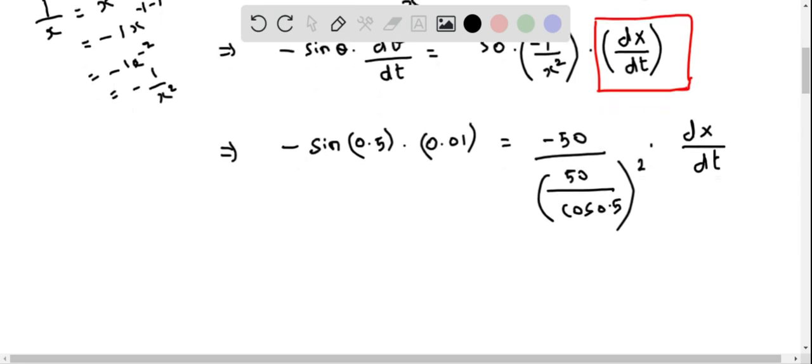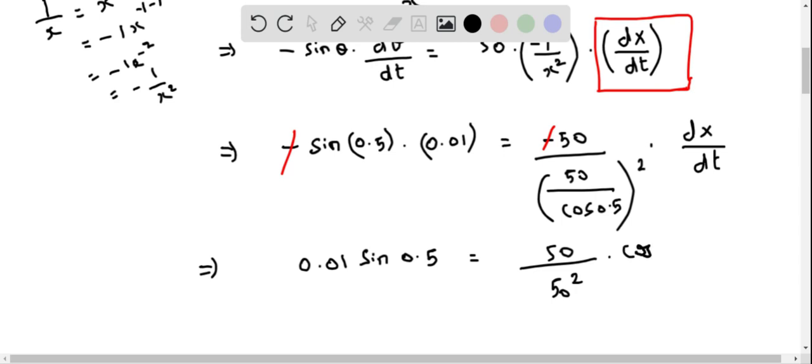Now let's simplify this a little bit further. So we can divide both sides by negative 1, which means we can cancel these negatives, and then this becomes 0.01 sine of 0.5 equals, on this side we have 50 in the numerator, and in the denominator we'll have 50 squared times cos squared 0.5. This will get multiplied with the numerator. So I can write this as cos squared 0.5 times dx by dt.